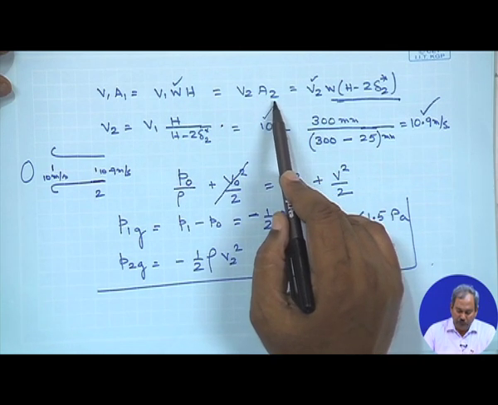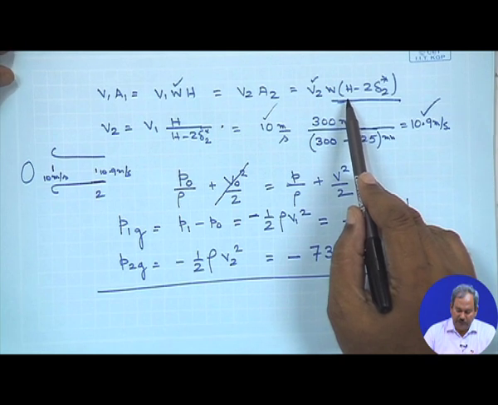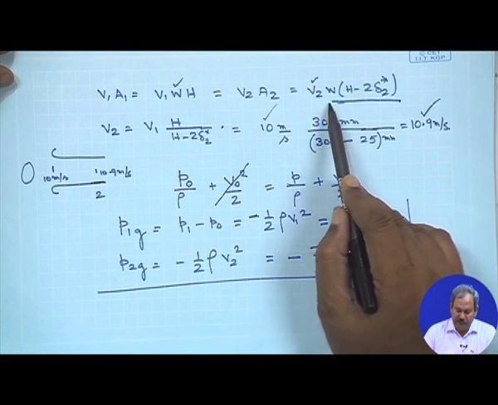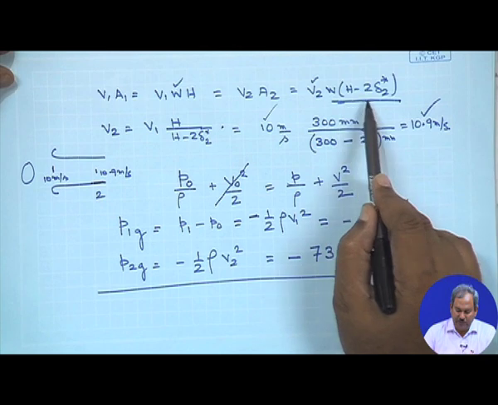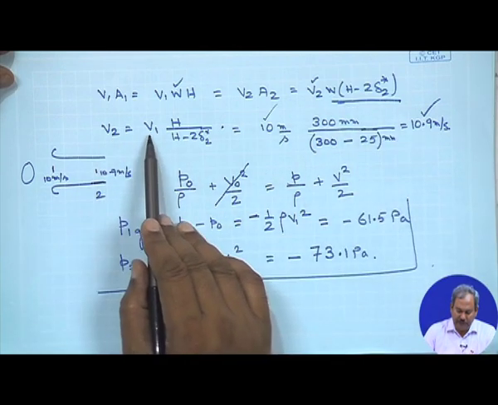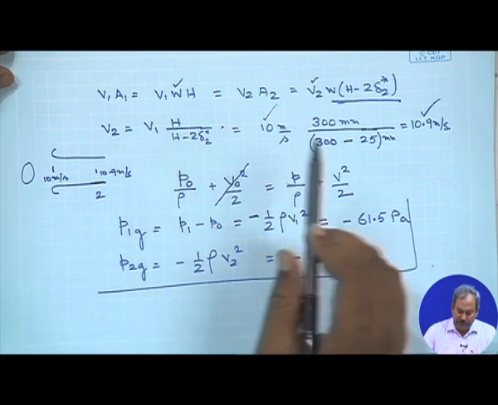When we go to A2, if we consider inviscid flow, the distance between the plates is now reduced by an amount equal to twice delta star. Delta star from the top and delta star from the bottom makes the flow area W, which remains unchanged, times h minus 2 delta star. So V2, the unknown, is simply V1 divided by the ratio of the areas.